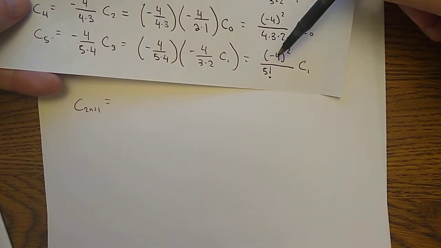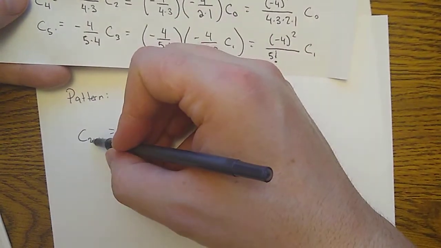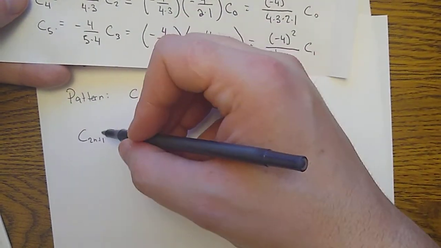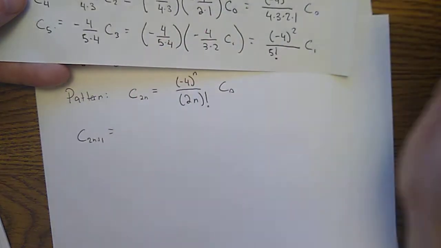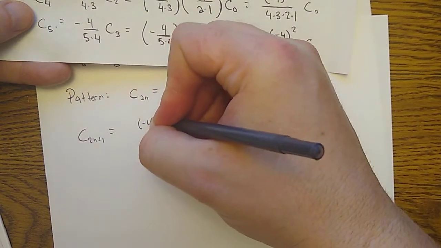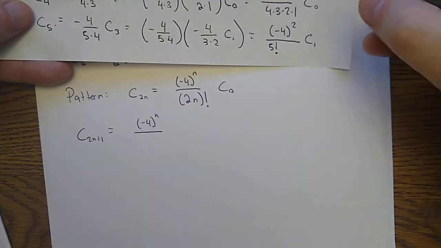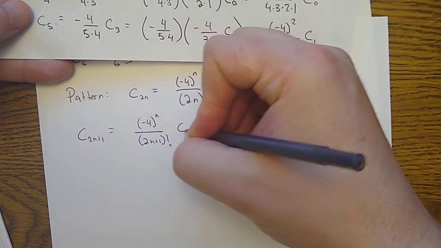I get a power of negative 4. When I'm doing C5, that would be like when n is 2. So I get negative 4 to the n over 2n plus 1 factorial times C1. Right?